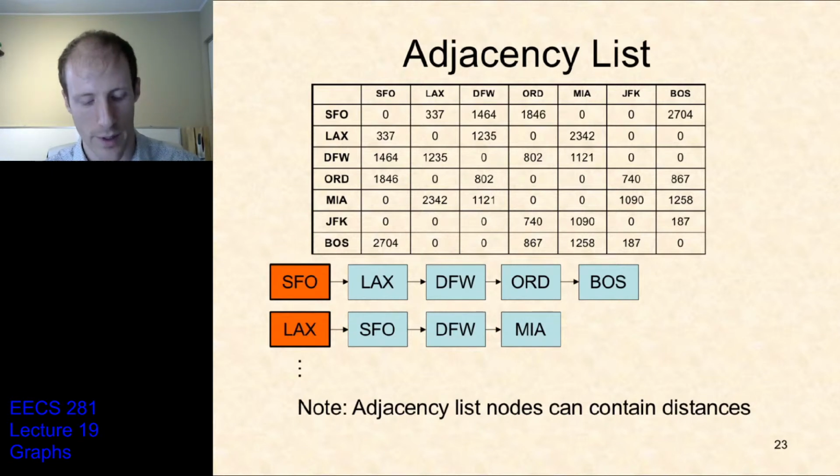So for every airport, this list is going to store all of the airports that are connected to some starting airport. So we can see, SFO, in the matrix, SFO was connected to LAX with the distance of 337. So LAX is in our adjacency list. So SFO is connected to LAX, DFW, ORD, and BOS, and those are exactly the entries that go in the adjacency list.